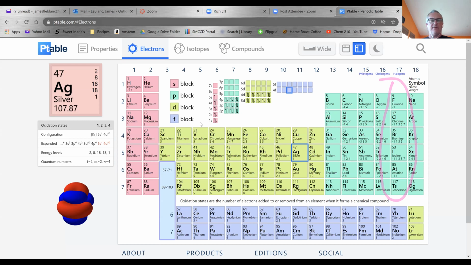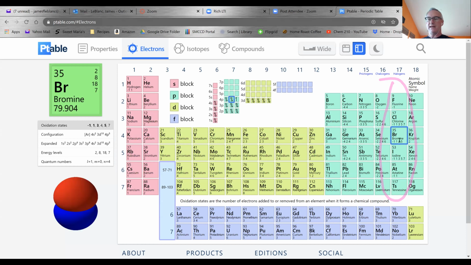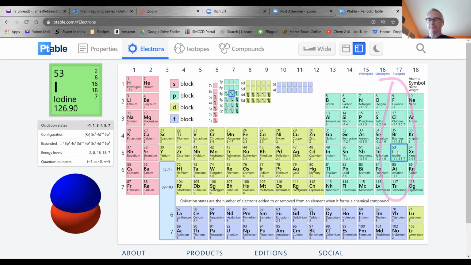And they all have 7 electrons in their outermost shell. Fluorine has 7, chlorine has 7, bromine has 7, iodine has 7. So they all need just one more electron to get to chemical nirvana. And so they all steal one electron and become chemically stable. So they all have +1 or -1 charges, all of them, when they're ions.